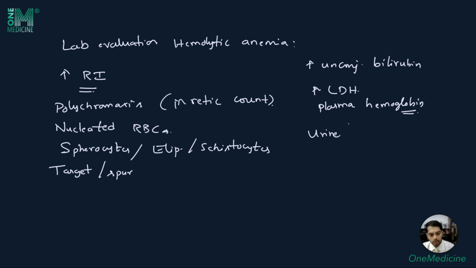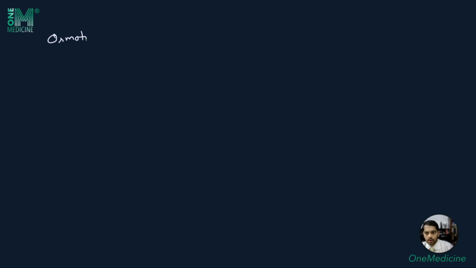Urine hemosiderin can be seen in intravascular hemolysis but not in extravascular hemolysis. Osmotic fragility test can be positive in hereditary spherocytosis.